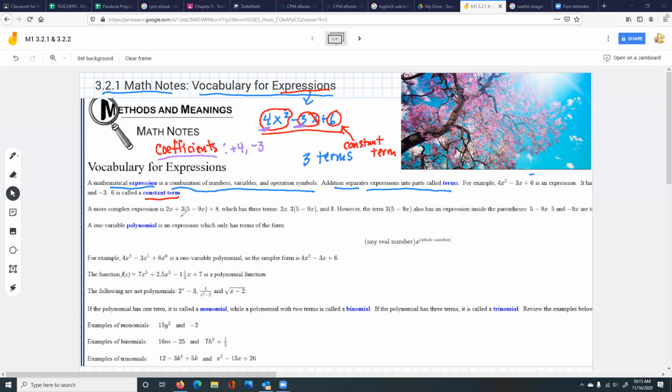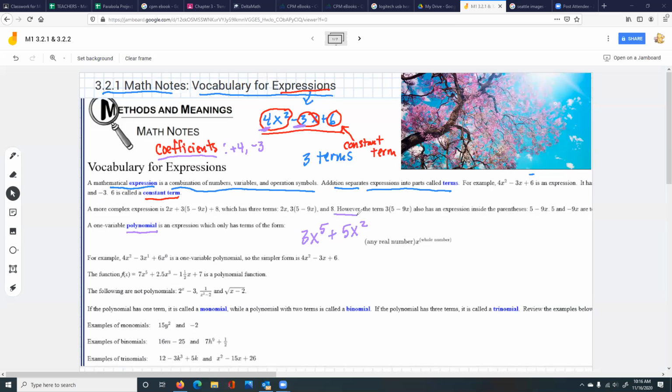When you have several mathematical terms, it's called a polynomial. A one variable polynomial is an expression which only has terms of the form any real number times x to a power, like 3x to the 5th power, and we could add more, plus 5x to the 2nd power.